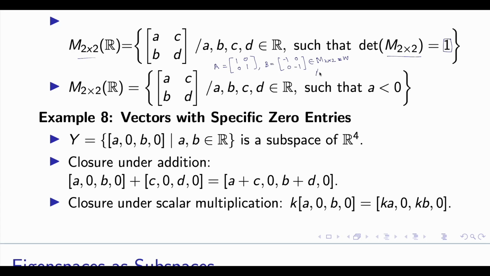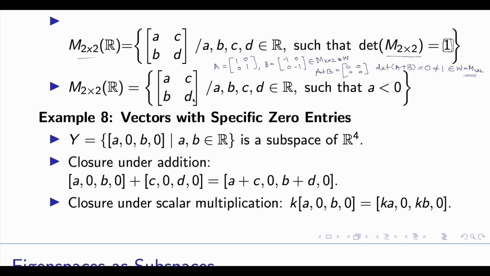But what about the sum A plus B? A plus B will give you [0 0; 0 0]. So the determinant of A plus B is going to be 0, which is not equal to 1. So this does not belong to W. W is here M2x2, right? So any quantities you see here, 1 or anything, are not going to help at all.